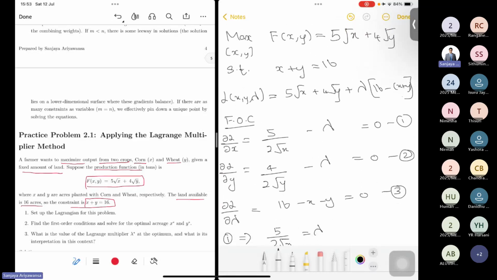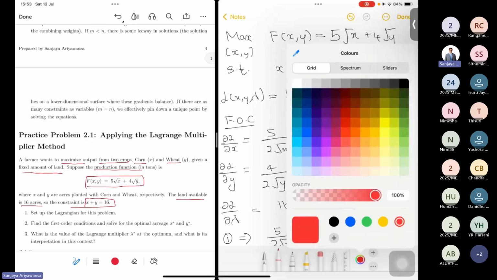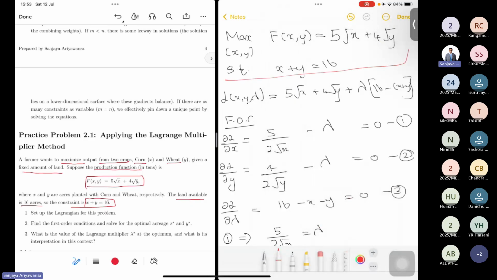So you had to maximize your function f of xy, which is 5 root x plus 4 root y, subject to a constraint, which was x plus y equals 16. This was your problem. So step number 1 was to write down the Lagrangian. That's what you did.